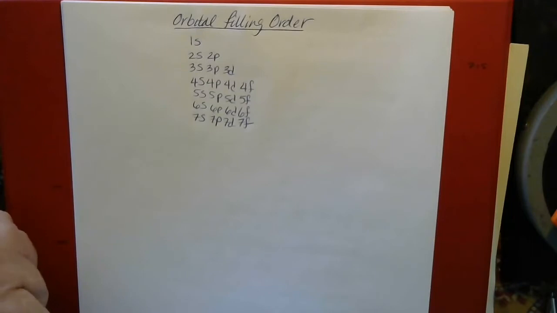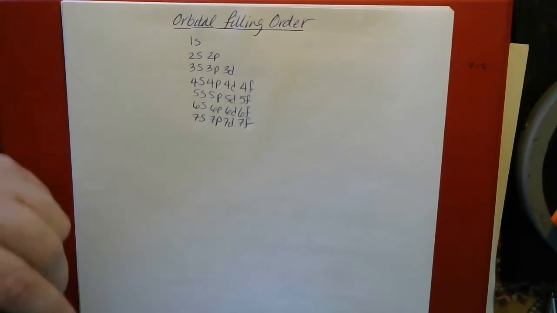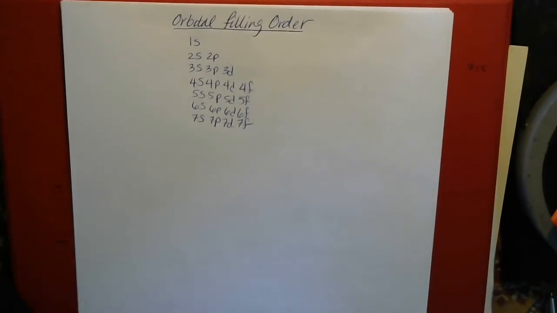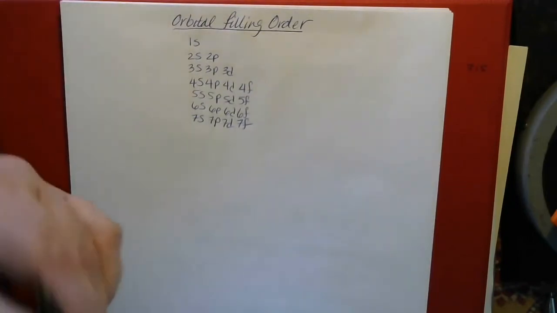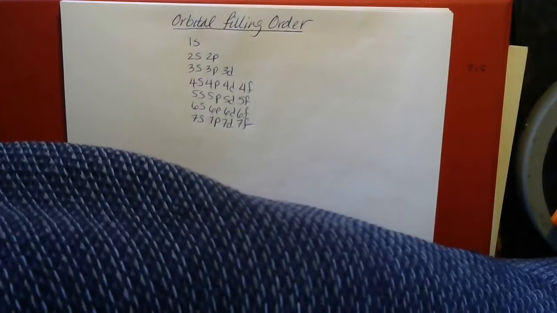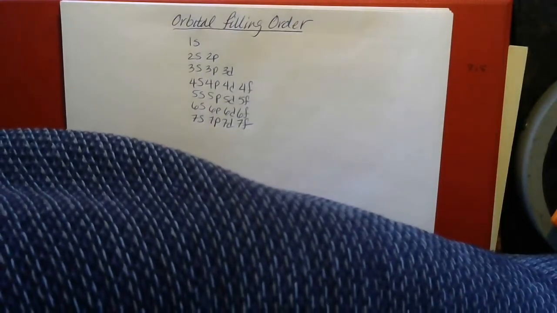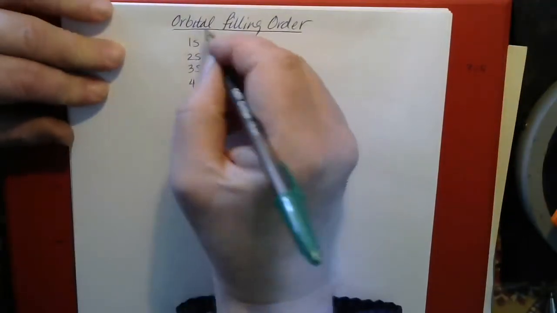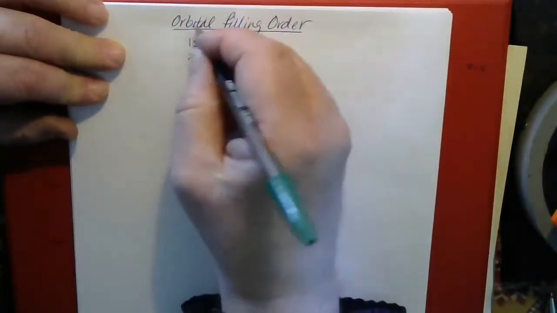And now, in order to determine the order of filling, all you need is to take a pen or pencil and draw diagonal lines across this figure, from basically upper right to lower left.